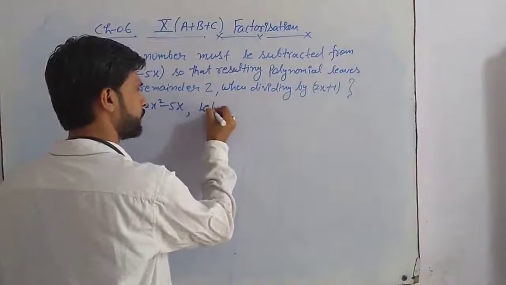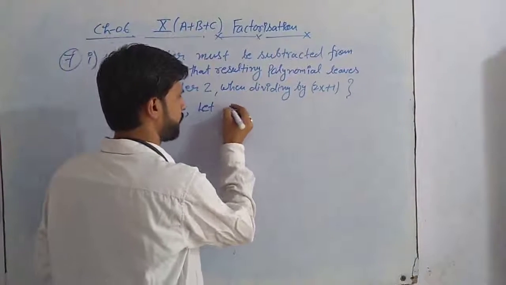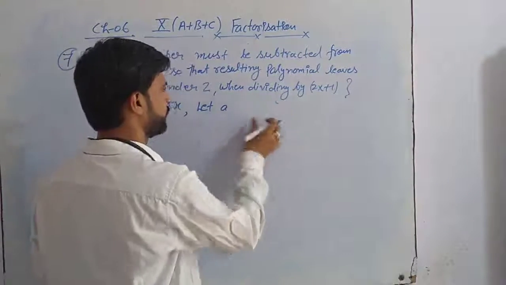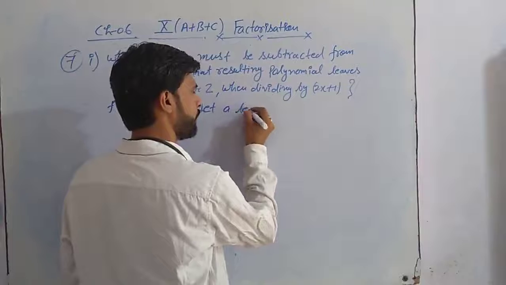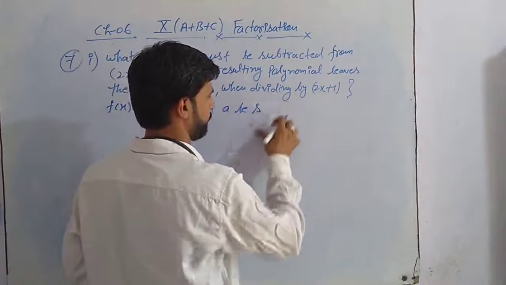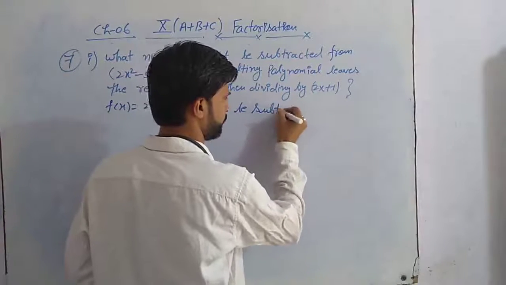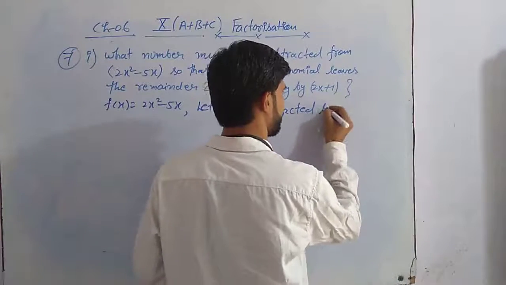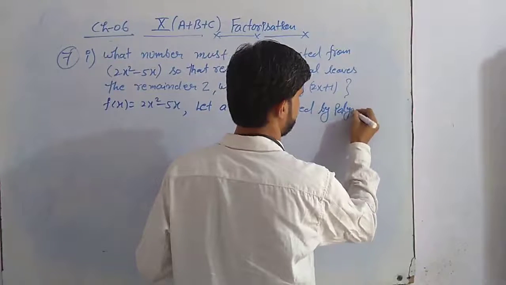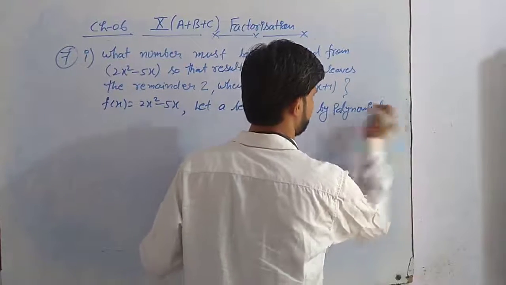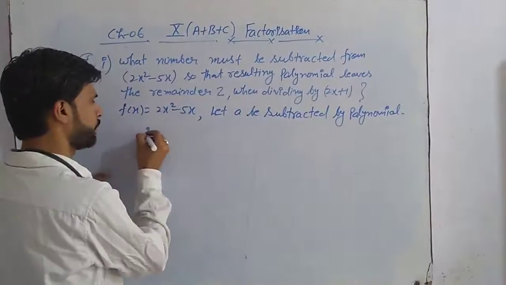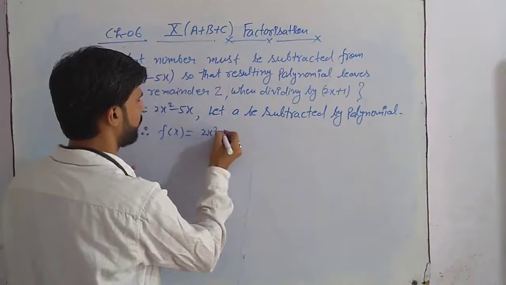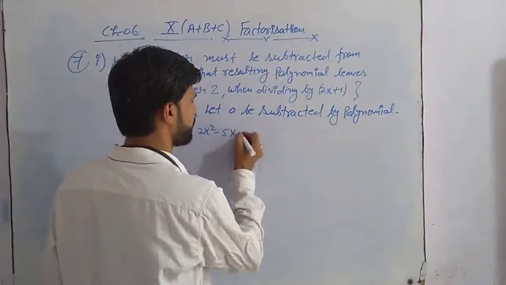Now let a be subtracted from the polynomial, then the function may be written in this form: 2x square minus 5x minus a.